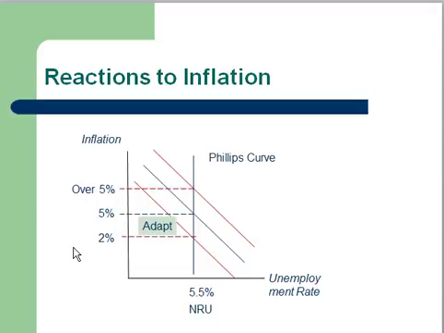They may move toward less expensive versions of products. They'll maybe change their spending habits a little bit over time, but they just adjust and adapt. Now, if inflation increases to over 5%, then economies become unstable, consumers become annoyed, and at this point you might see governments attempting to make some adjustments. So these are basically our reactions to inflation.